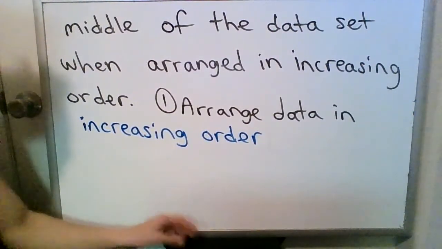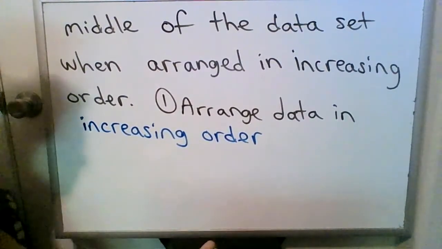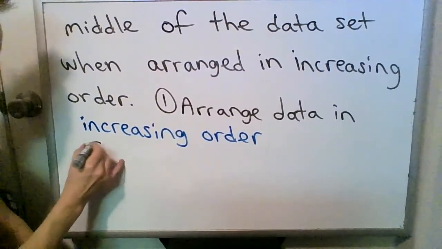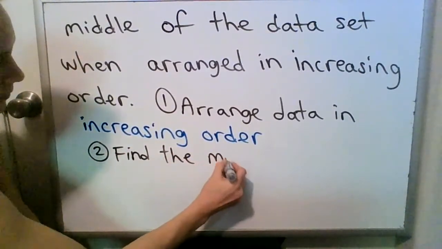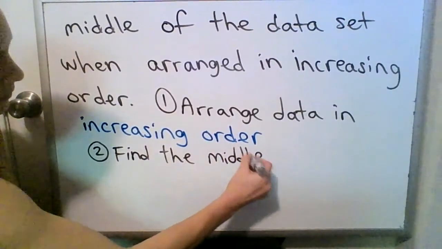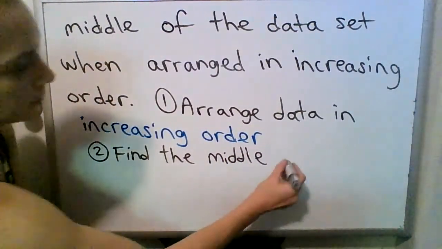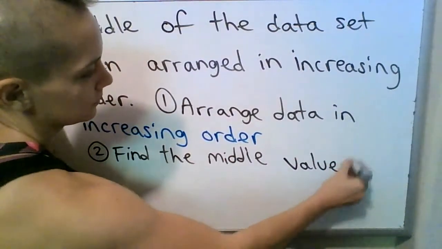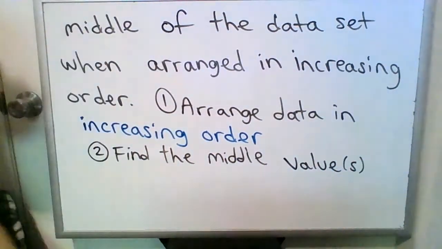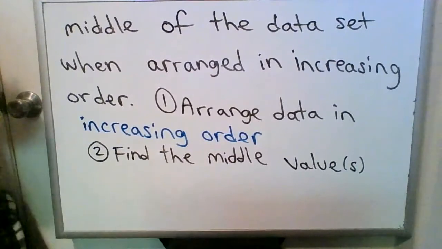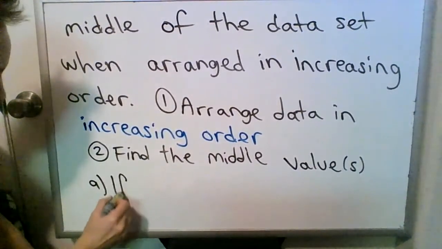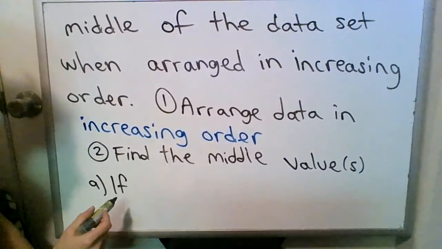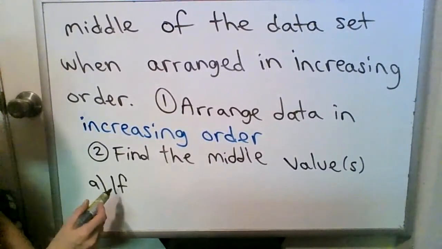Okay, so in the second step, you start to find the middle of the list, but 2 things could happen. There's either 1 number in the middle or 2 numbers in the middle. So if the number of values in a set is odd, then the median is exactly in the middle.